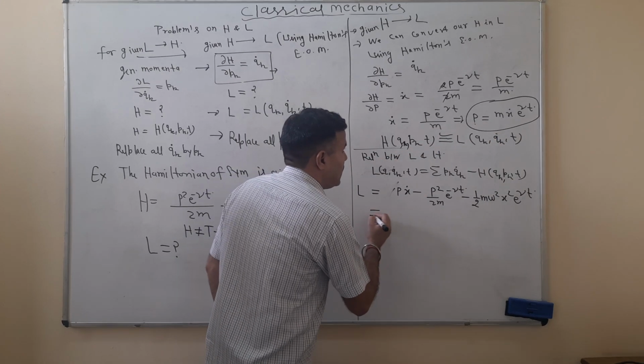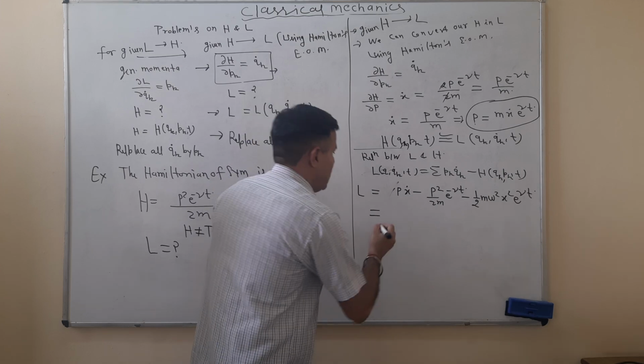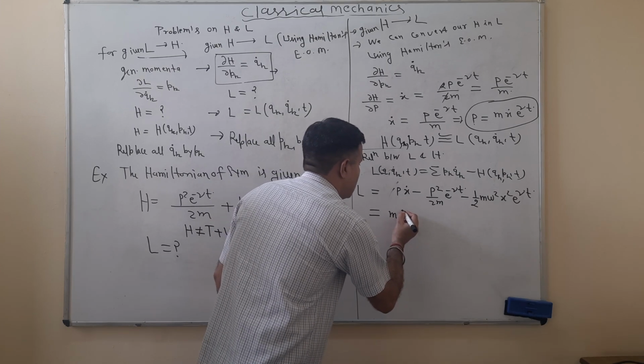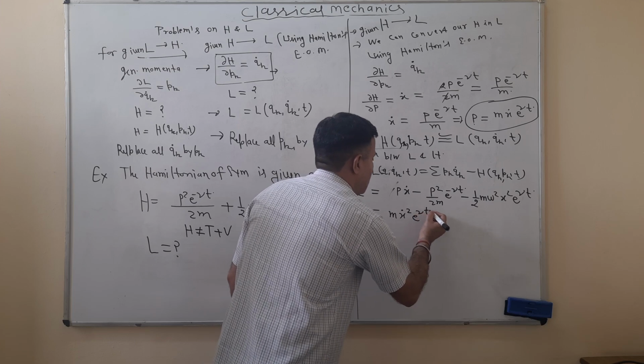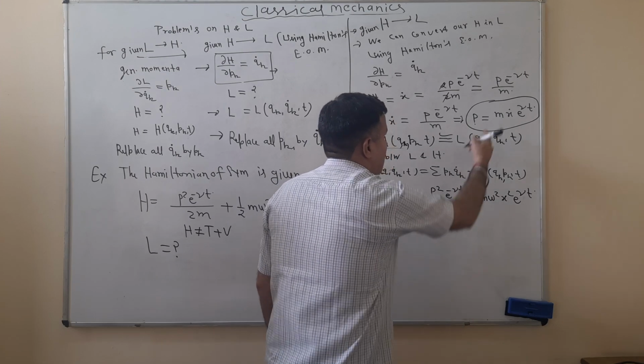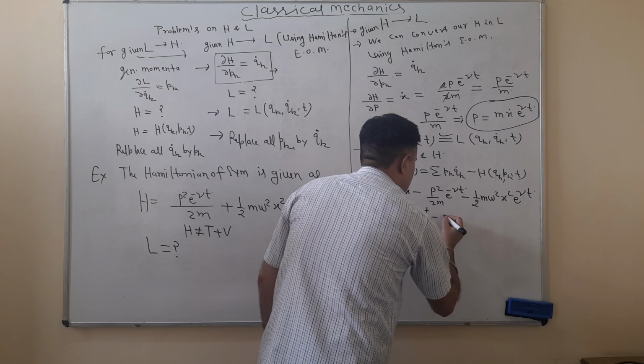So what we have? We have mẋ square e to the power νt minus p square, meaning the square of this.